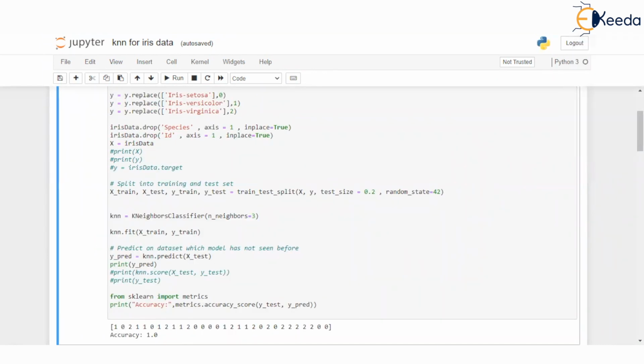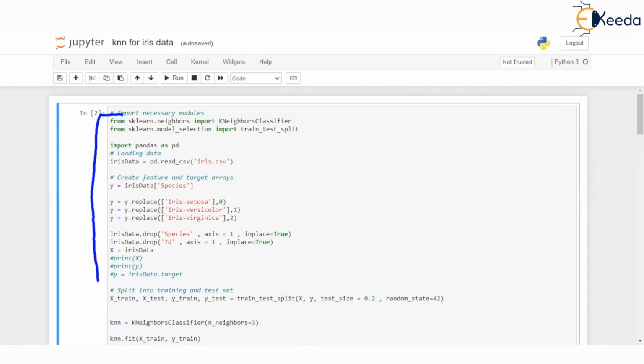I was saying this portion will always be the same. What will change is line 1 and line 2. That's all. Only 2 lines will change. Believe me, in logistic regression, instead of k neighbors, that word we have written, we will write logistic regression. That's all. In the case of SVM, instead of this word, we will write SVM.